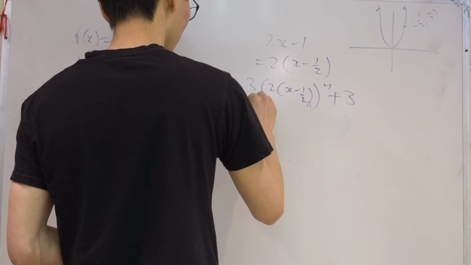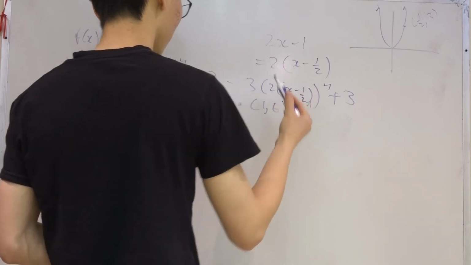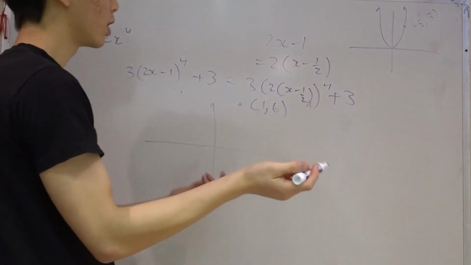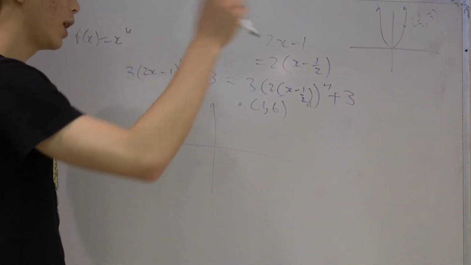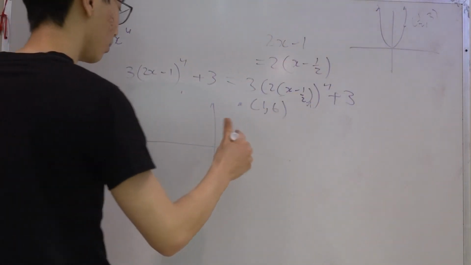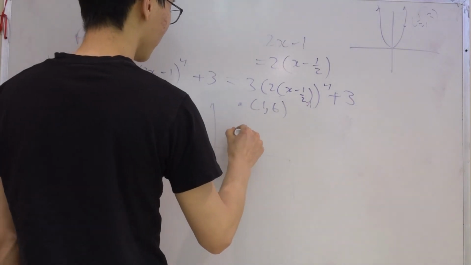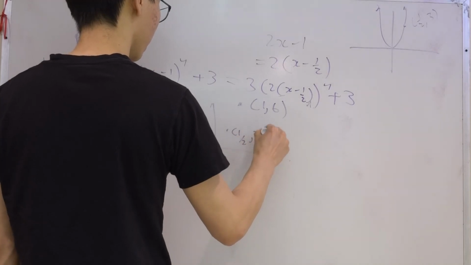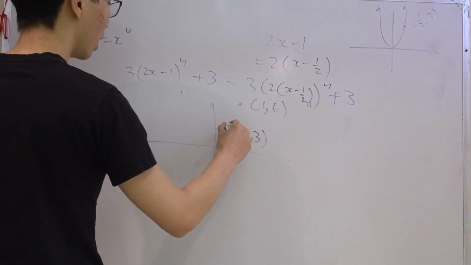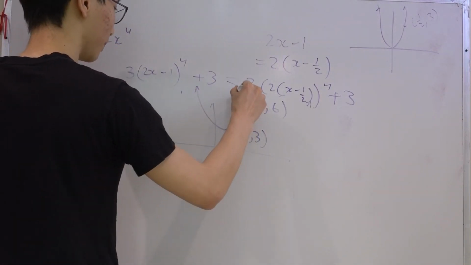And what happens to another base point? Let's choose (0, 0) because it's always easy. Its coordinate is going to be (1/2, 3). And then you just draw the rest of it there.